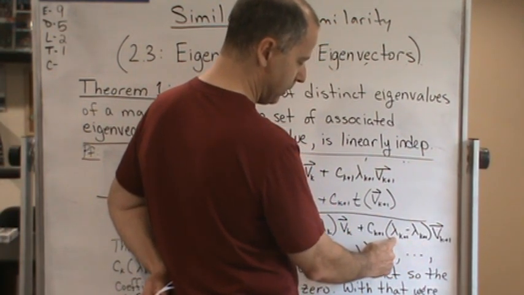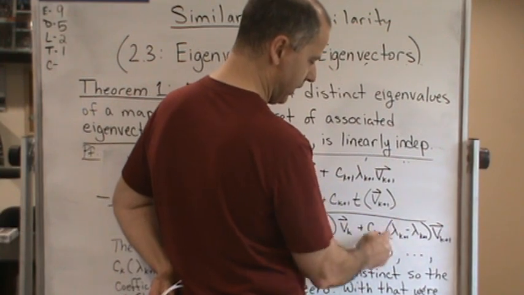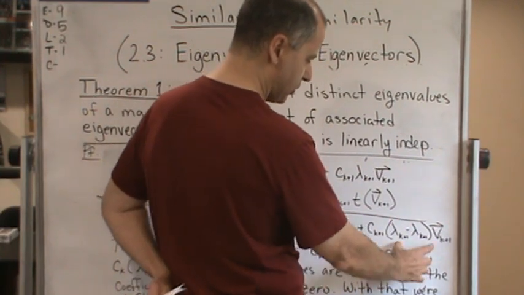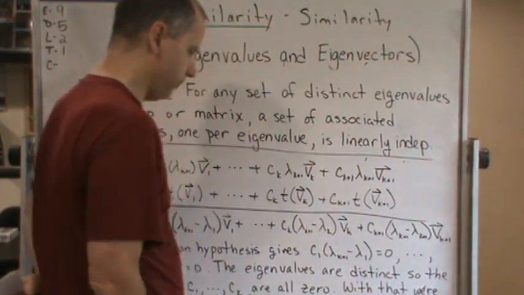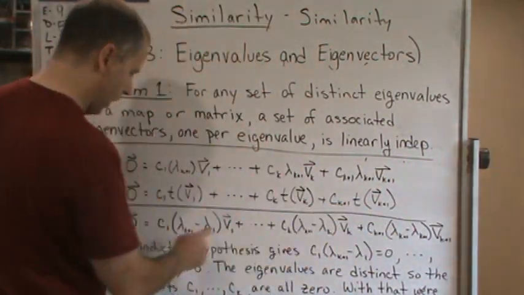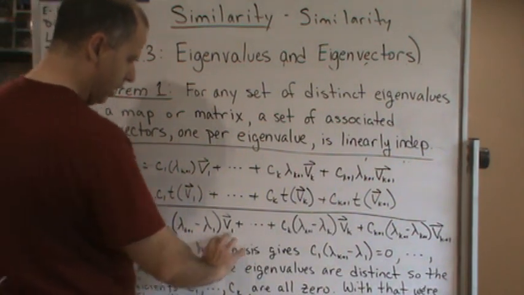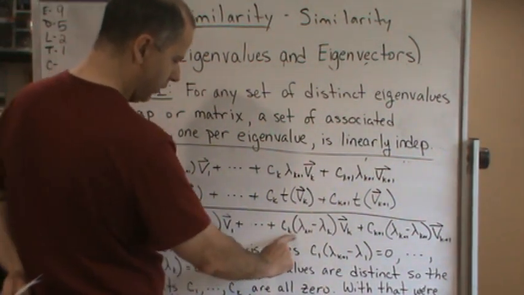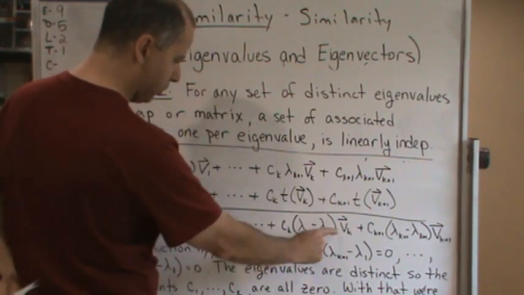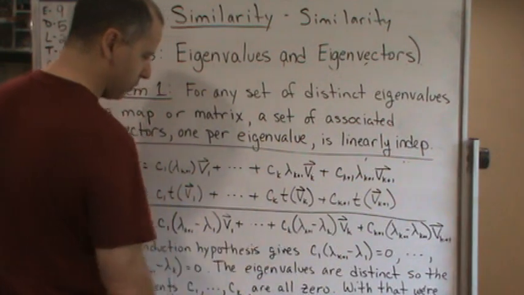Notice that this is lambda k plus 1 minus lambda k plus 1, so this is going to end up being 0. So this term is going to drop out, right? What happens is it reduces to a linear combination of the vectors v1 through v sub k, with the leading coefficients c1 through c sub k.